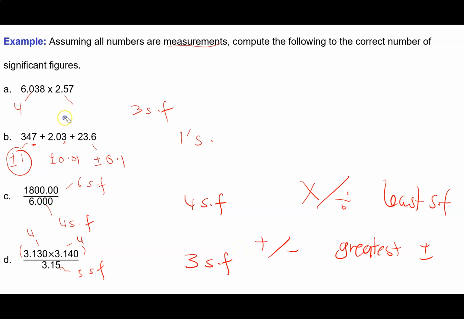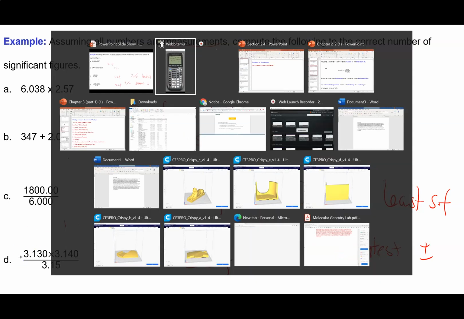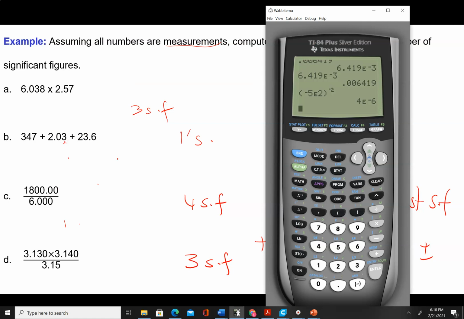So now we've decided on the number of significant figures in our answers, we can go ahead and enter them into the calculator and then round off using our rounding rules. So now we're good to go. All right. So I always like to decide the sig figs before I get going.